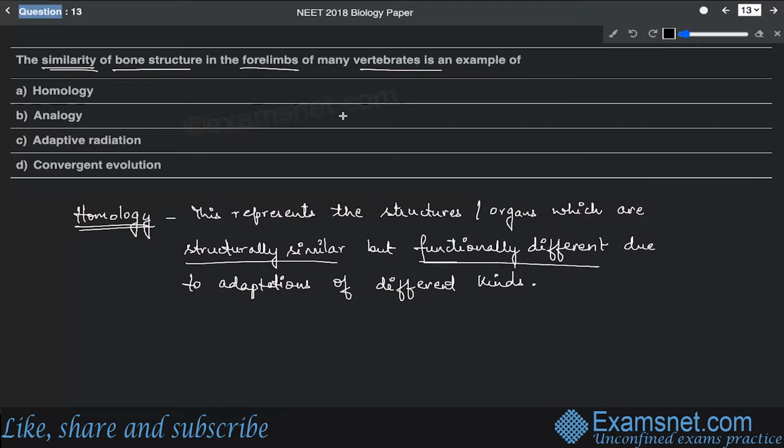So since here it is asking about the similarity in the bone structure, the forelimbs are structurally similar in the vertebrates. So this is definitely an example of homology, the very first option. The very first option is actually correct. All right, because this homology actually represents divergent evolution.